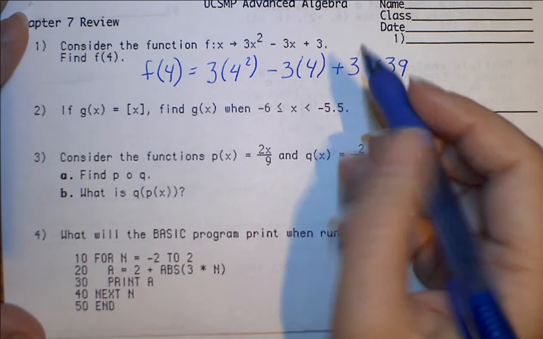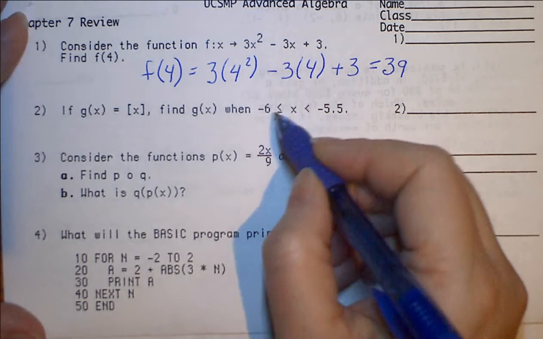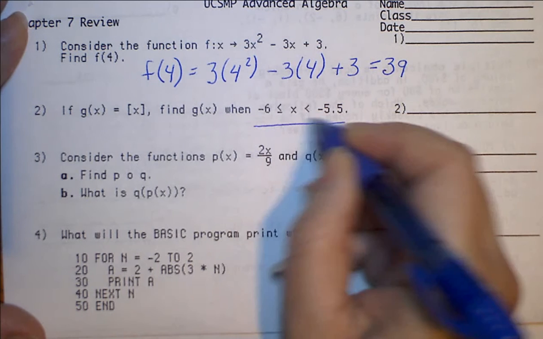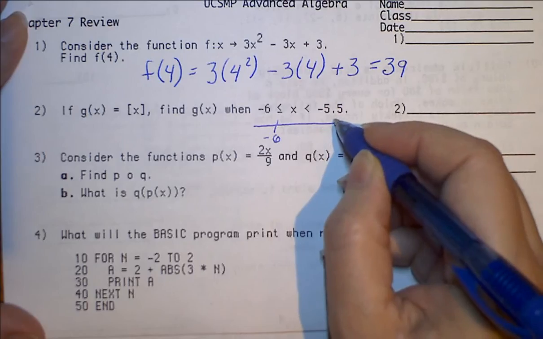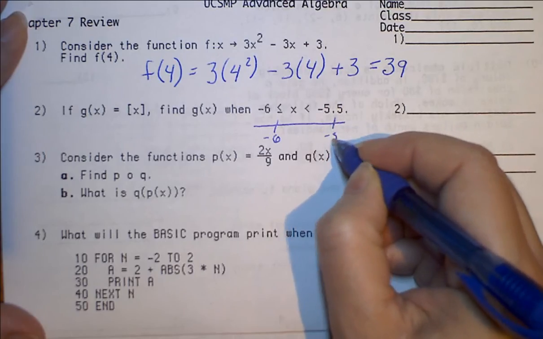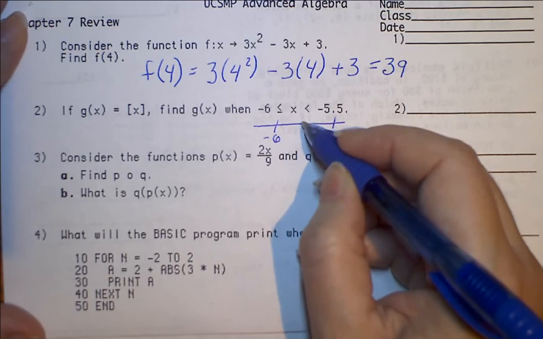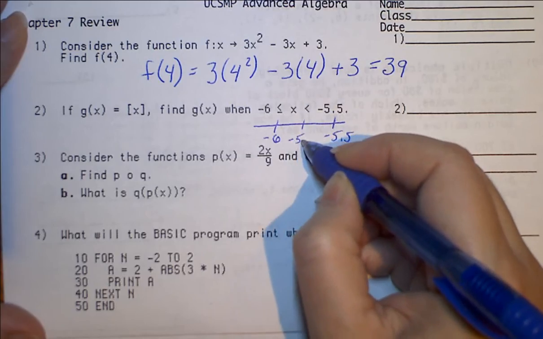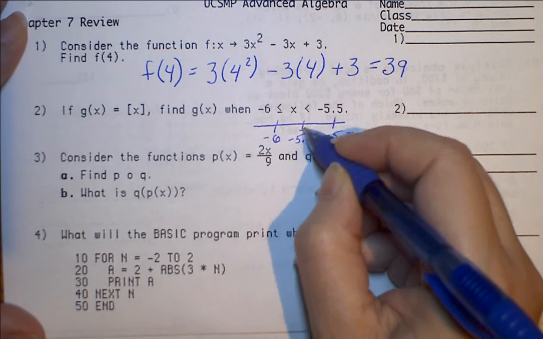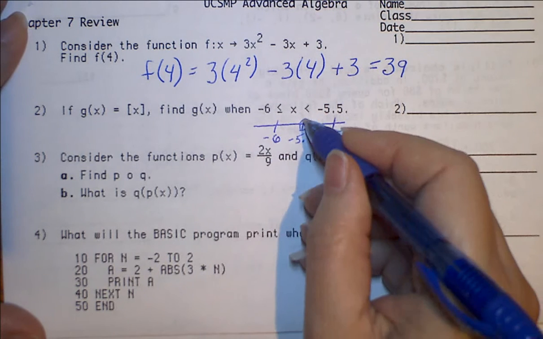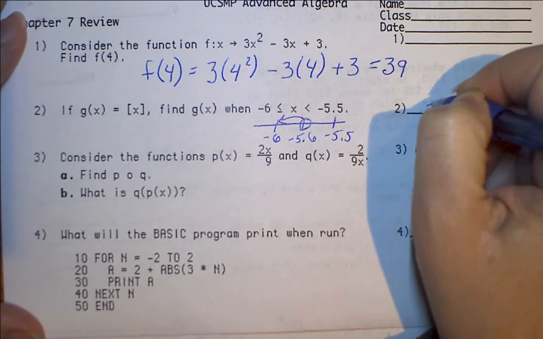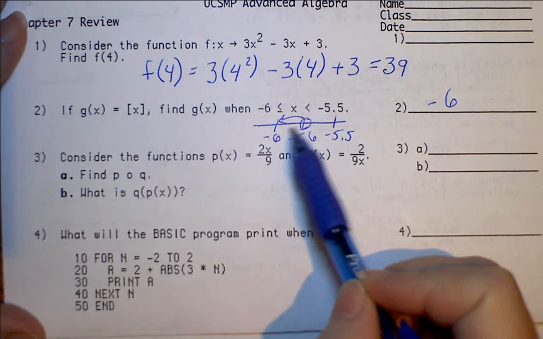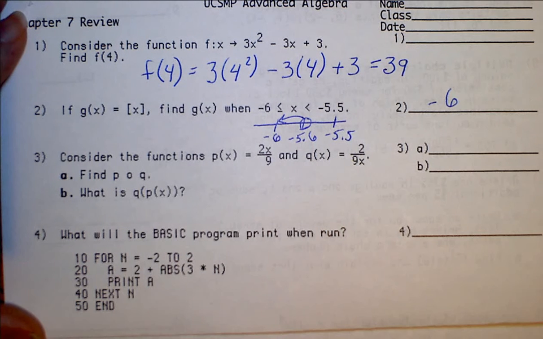So if we take a number that is in between negative 6 and negative 5.5, if you pick any number, let's say negative 5.6, what that brackets mean is to round down, so that means it would simply be negative 6. And any number you pick between here would have been negative 6.